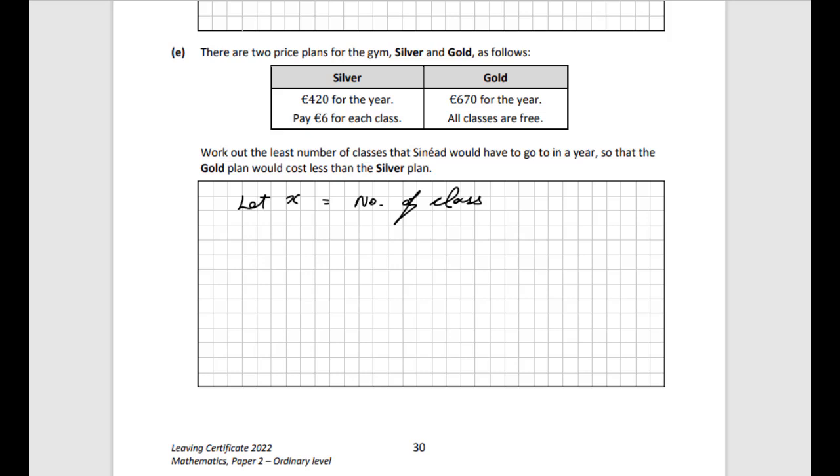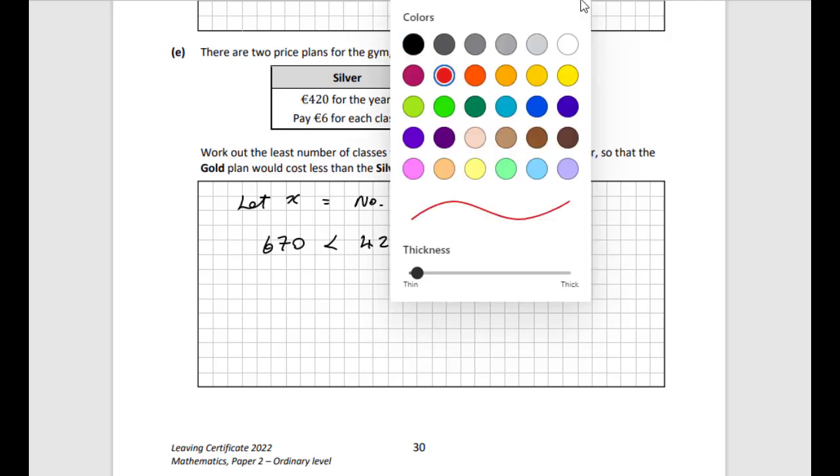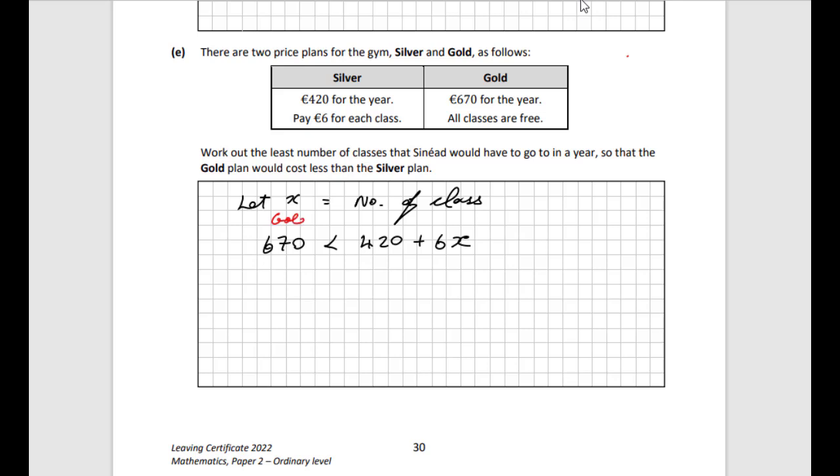So we want the gold plan to cost less than the silver plan. So we want €670 to cost less than the other plan on the right, which is going to be €420 plus she's got to pay €6 for every class, so it's going to cost her 6x euros for all the classes. So this is our gold plan here, and this is the silver plan on this side here.